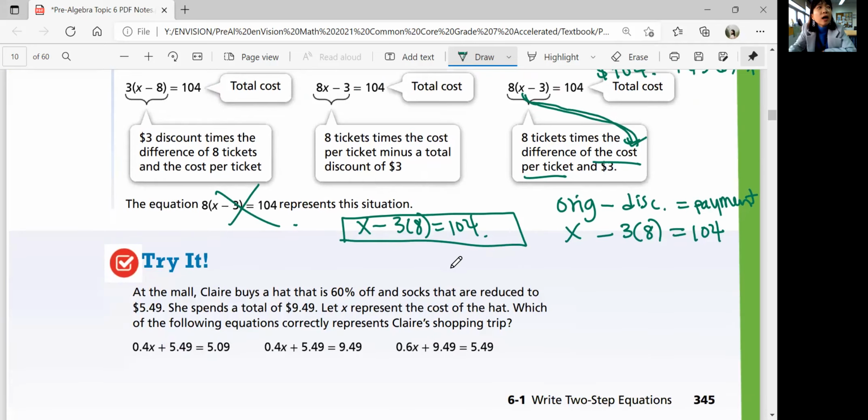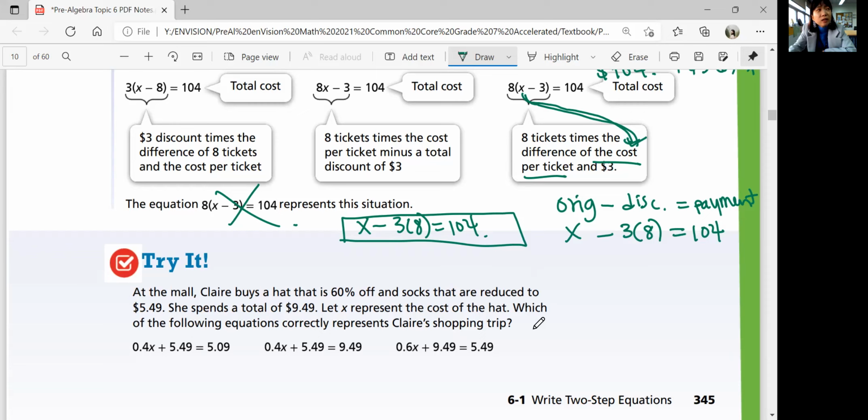Let's look at try it. At the mall, Claire buys a hat that is 60% off and socks that are reduced to $5.49. She spends a total of $9.49. Let X represent the cost of the hat. Which of the following equations correctly represents Claire's shopping trip?